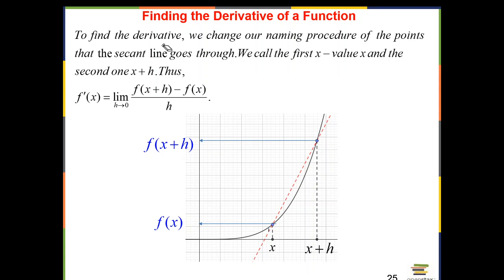So to find the derivative, we change our naming procedure of the points that the secant line goes through. So the naming procedure would be x and x plus h now. And then in this process, when we find a limit at x, instead of ending up with a number, we end up with a function in terms of x, right?